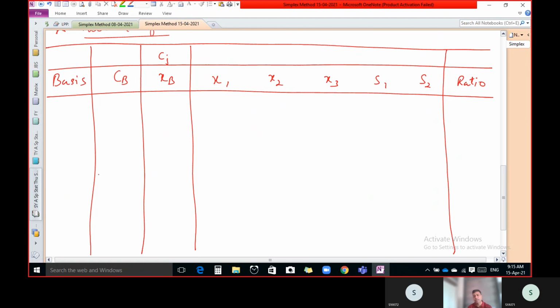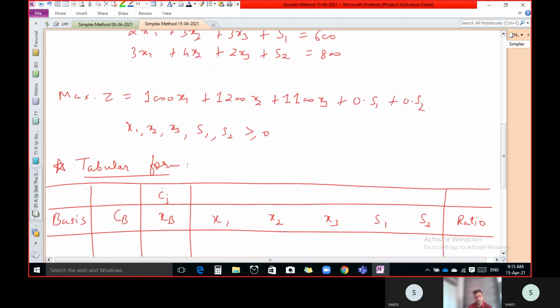Okay. Then after the first step, you have to fill up the top row of the table, that means this CJ. Here you have to see this variable, and write the corresponding coefficients from the objective function.